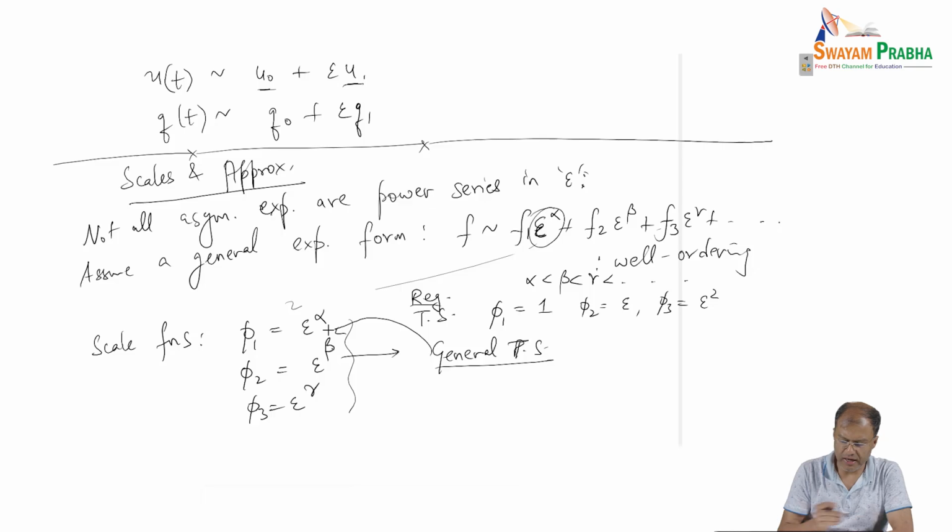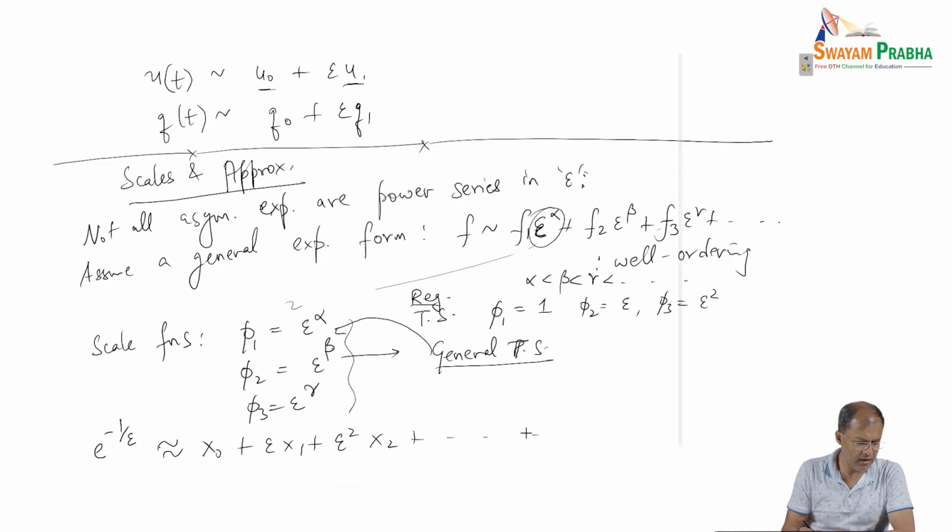Okay, so for example, I would like to point out a quick example as to when these generalized power series will work. Notice that if we were to look at the expansion of e to the power negative 1 over epsilon, using the regular Taylor series expansion, this would have been equal to x naught plus epsilon x1 plus epsilon squared x2, and so on and so forth.